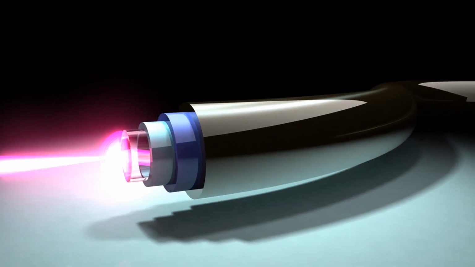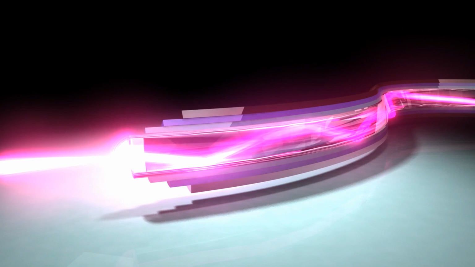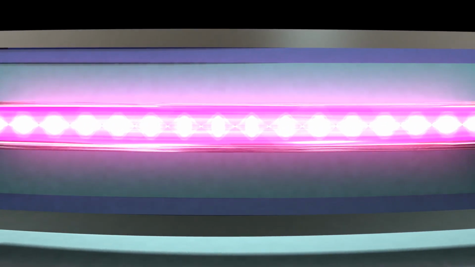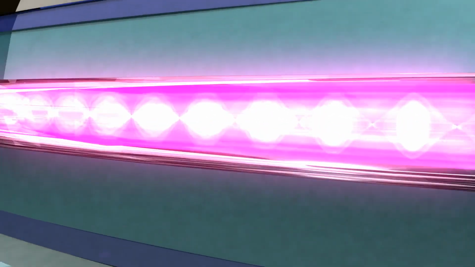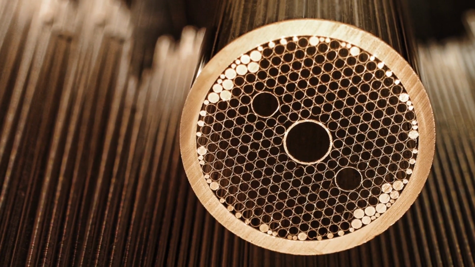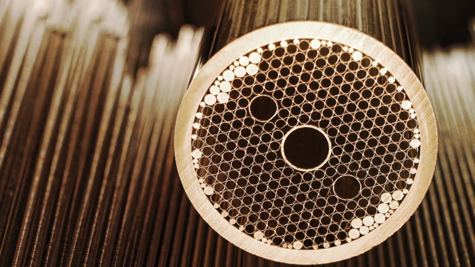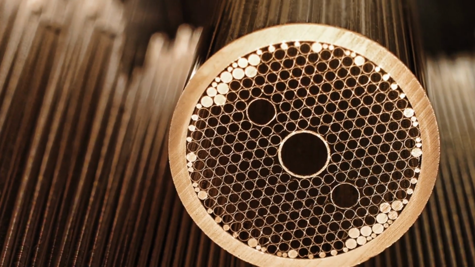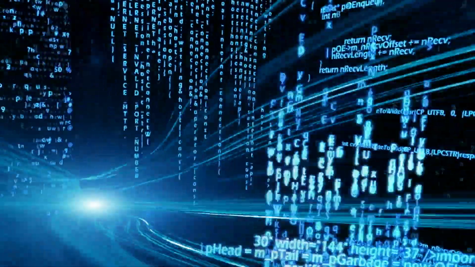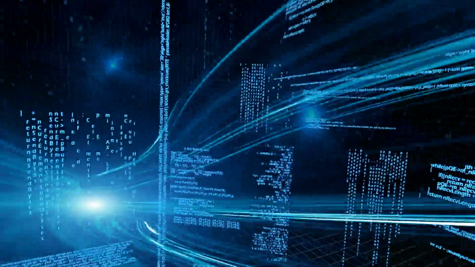Today's fiber optics technology allows for data transmission at about 70% of the speed of light. But researchers are rapidly breaking speed records by designing hollow core fibers to transmit photons through air, not glass. Now imagine a computer that can process this data at the speed of light.